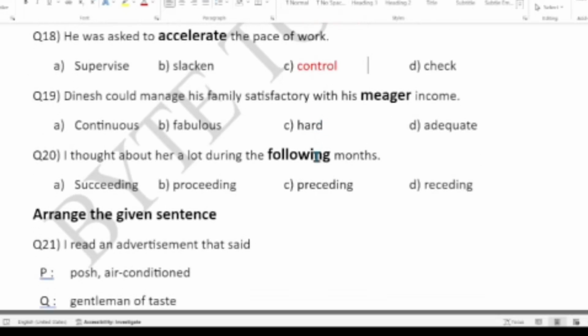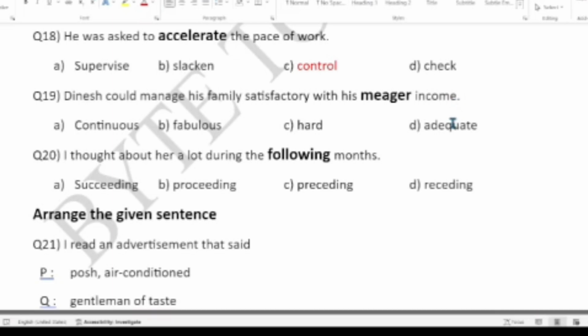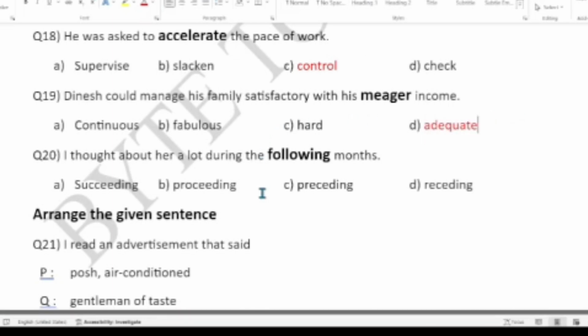Dinesh could manage his family satisfactorily with a meager income. Meager means insufficient income. Meager is basically the opposite word of adequate. So adequate is the correct answer of this question. I thought about her a lot during the following months. Basically, the antonym of following is preceding months.